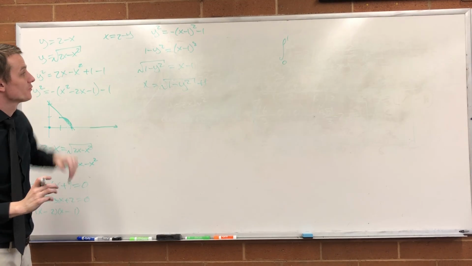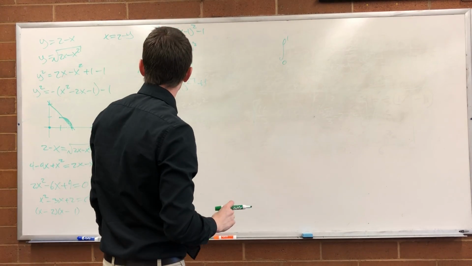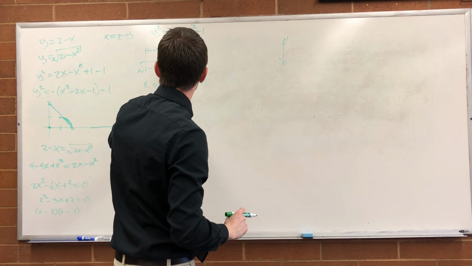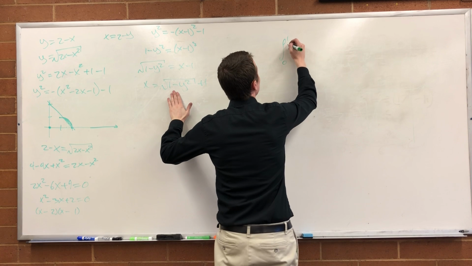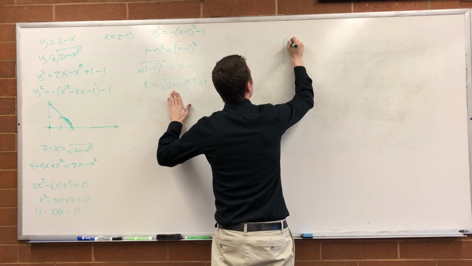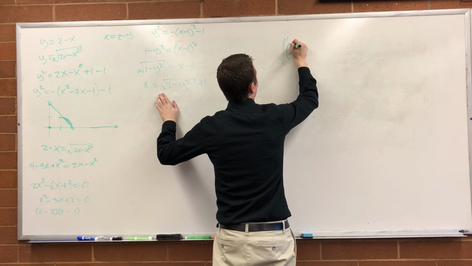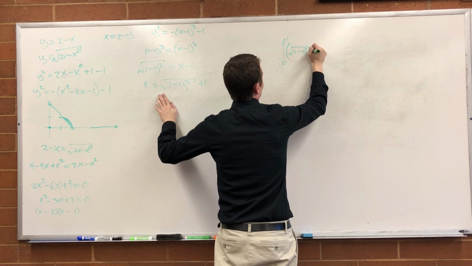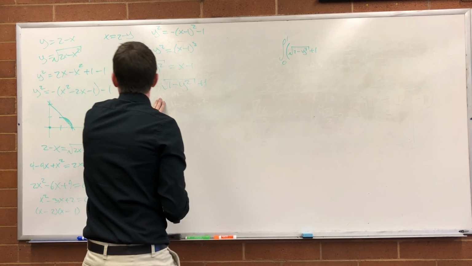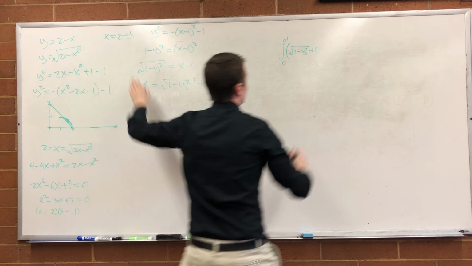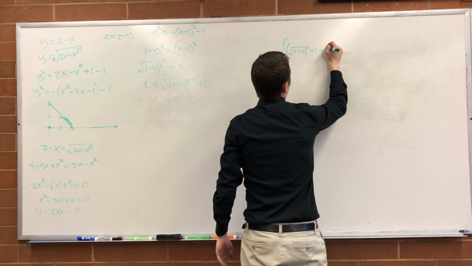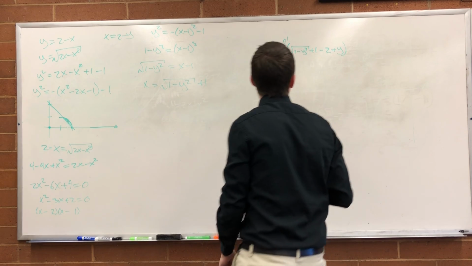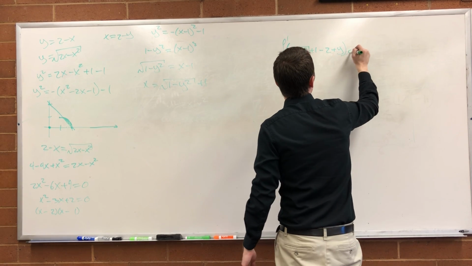So now we're doing the integral from 0 to 1 of the top function, the square root of 1 minus y squared plus 1, minus our bottom function, minus 2 plus y.